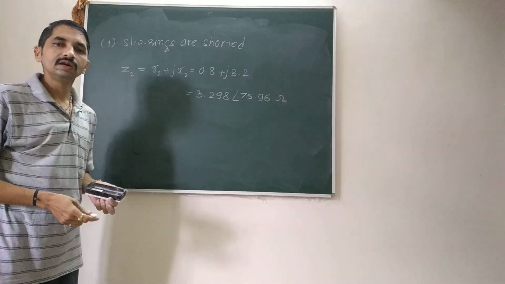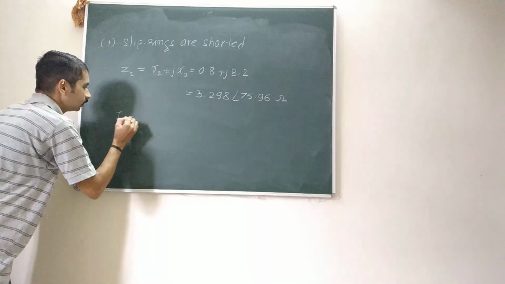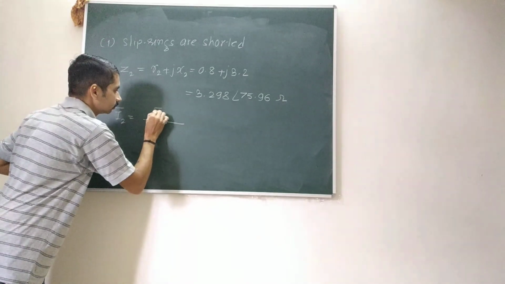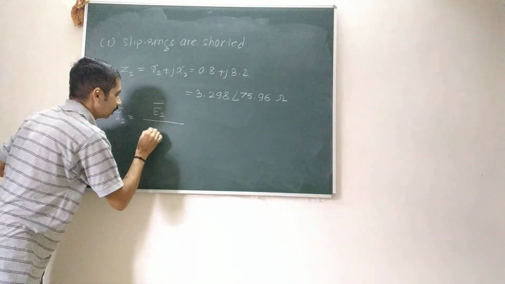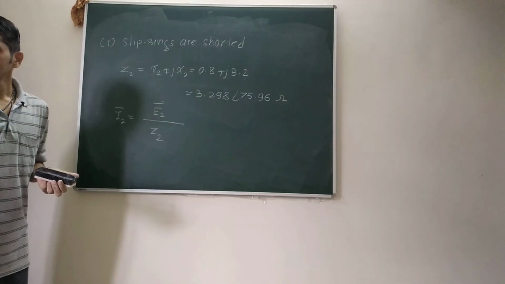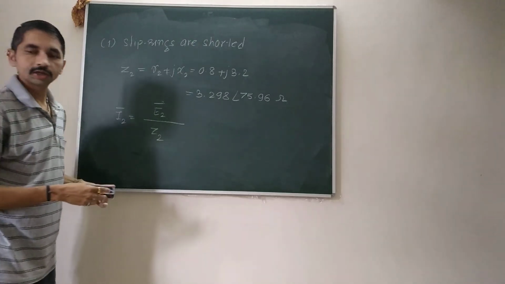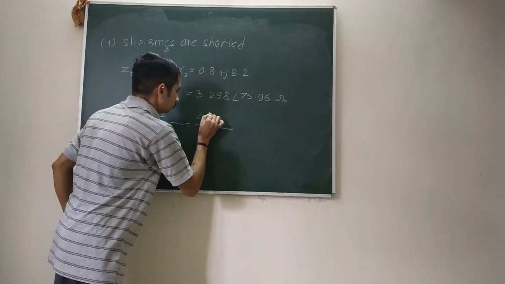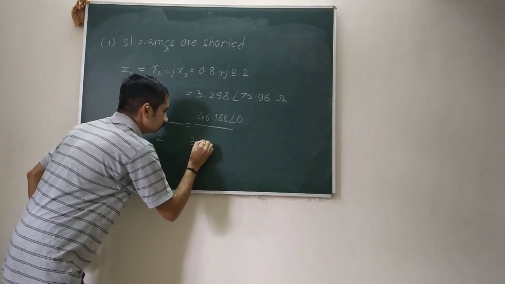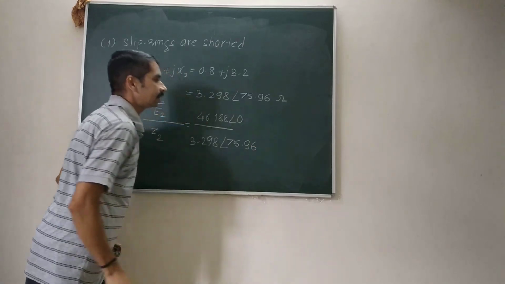Now we can make use of the concept that we have studied in AC circuit analysis. So I can directly write down the expression for my rotor current I2 bar as E2 bar upon Z2. So it will be 46.188 at an angle 0 divided by 3.298 at an angle 75.96.